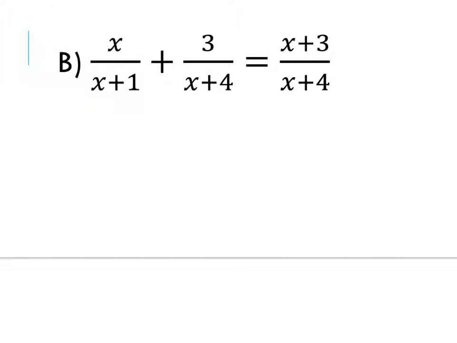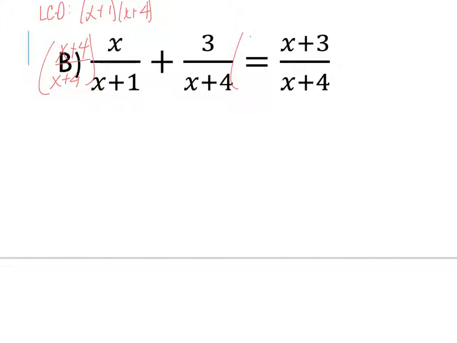All right, so again, we want to find our least common denominator. So our LCD here is going to be x plus 1 and x plus 4. They are the unique factors of these fractions, and on top of that, they are shown in each fraction at most one time. So we're going to multiply this first one by x plus 4.